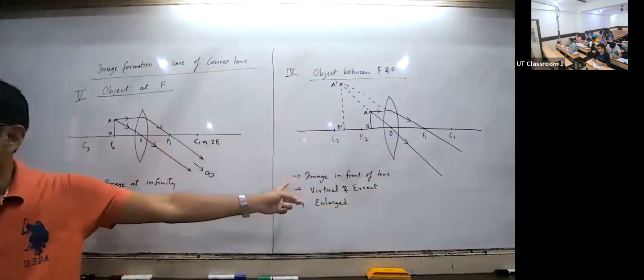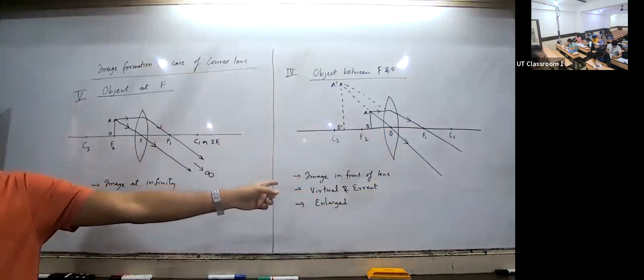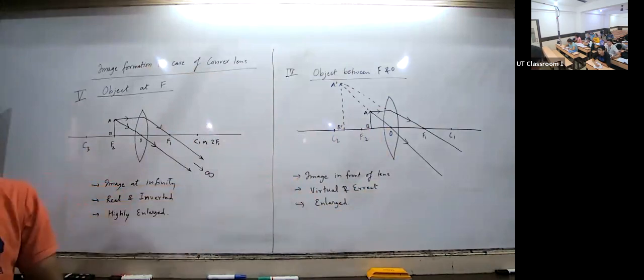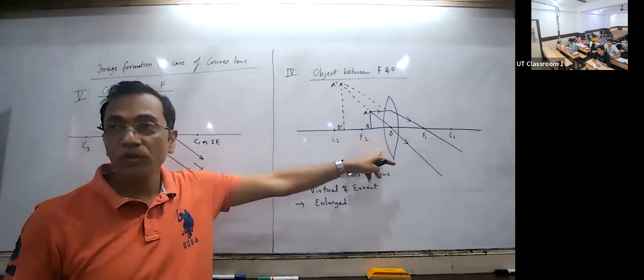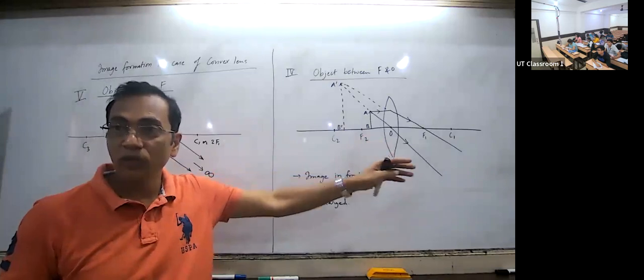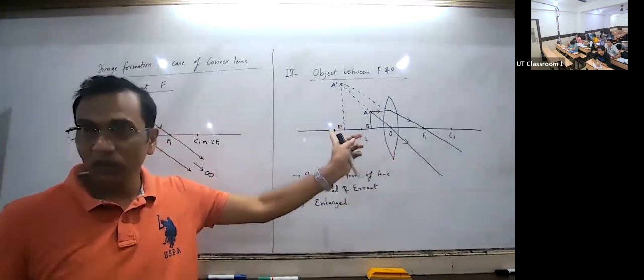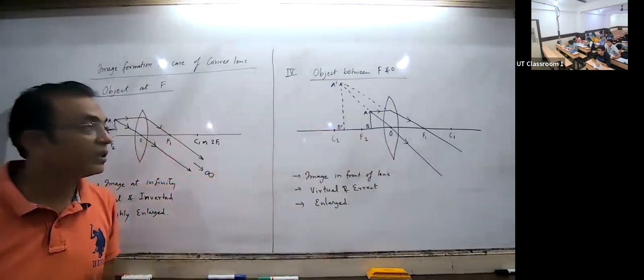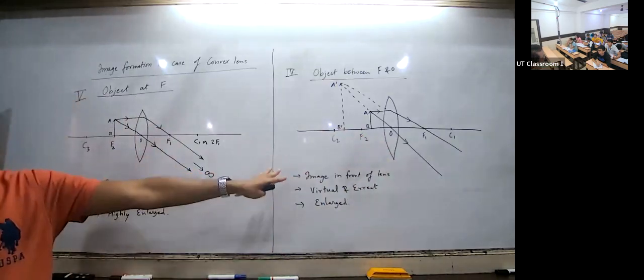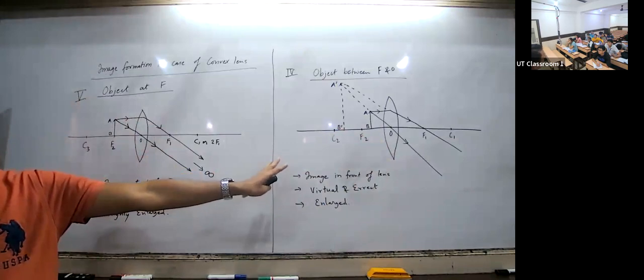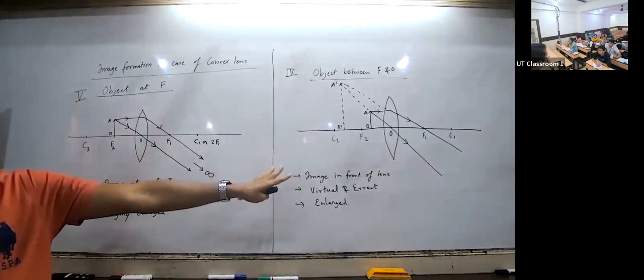So this is the principle on which a magnifying glass works. When you read small letters, okay? So you keep the object very close to the lens, between F and O. Then you see a magnified image. This is the principle. Right. It is also called a simple microscope. Simple microscope or magnifying glass.